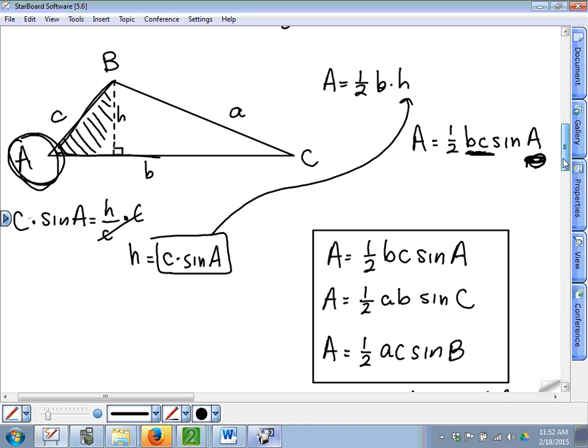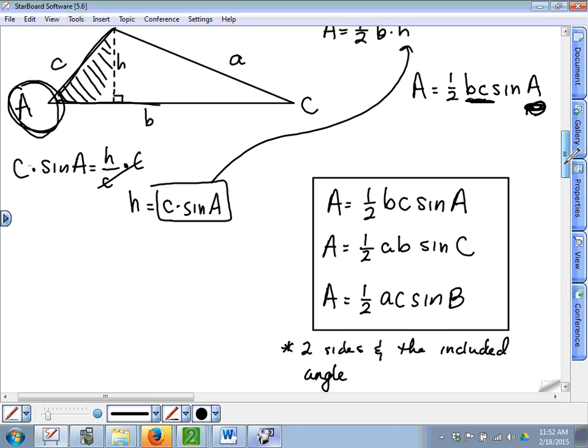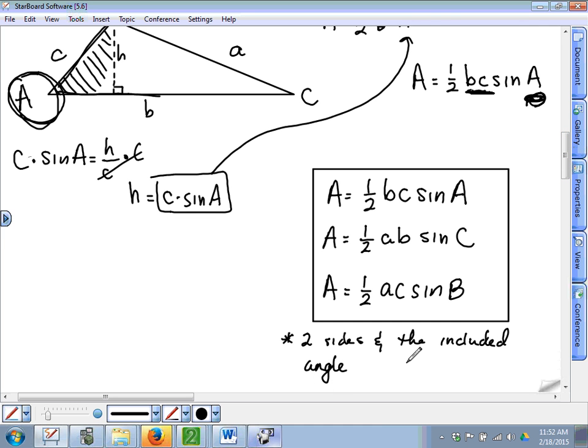And because that idea is so important, you need to write that down. I wrote it this way. You have to have two sides and the included angle. All that means is it's the angle between the two sides. The included angle.